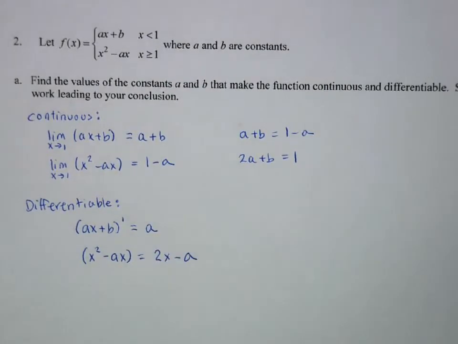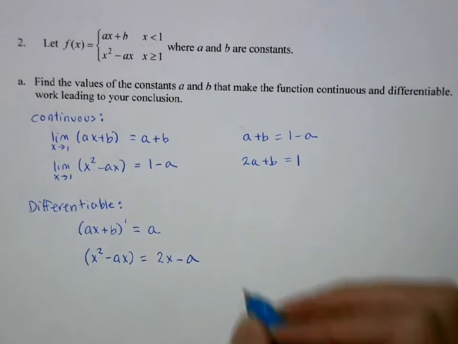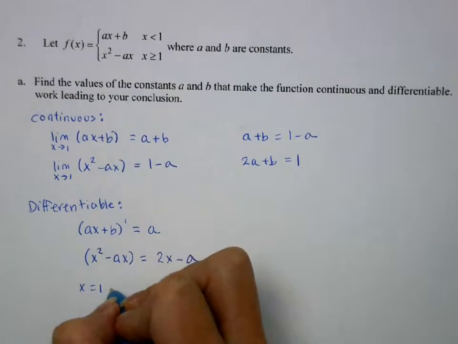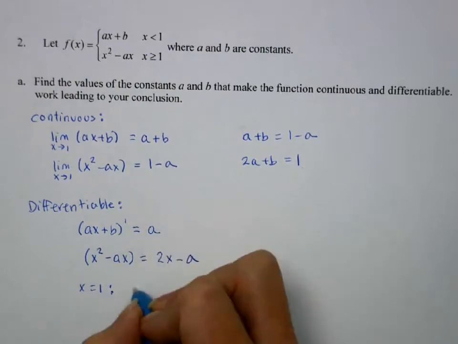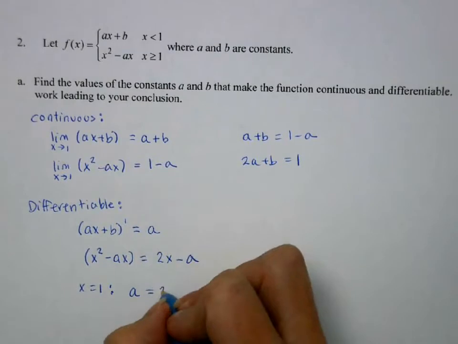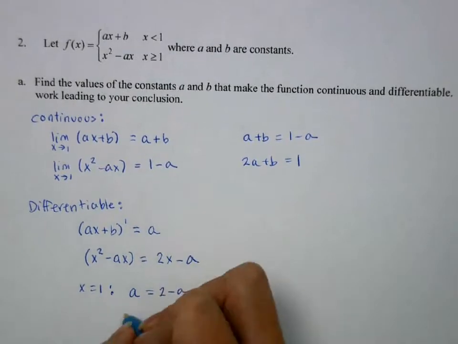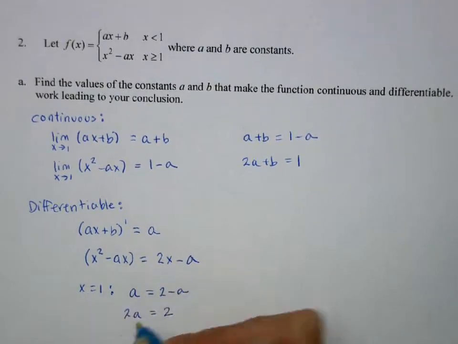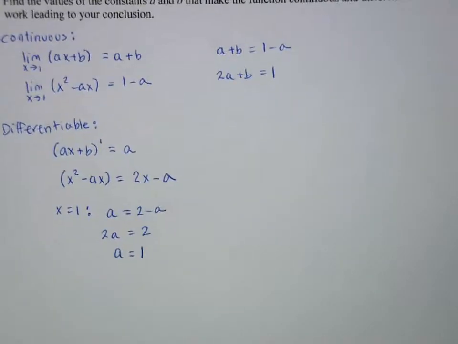Okay, so I want those two to be equal when x is equal to 1. So when x is equal to 1, a is just going to be a. 2x minus a is going to be 2 minus a. So 2a equals 2. So my a is 1.